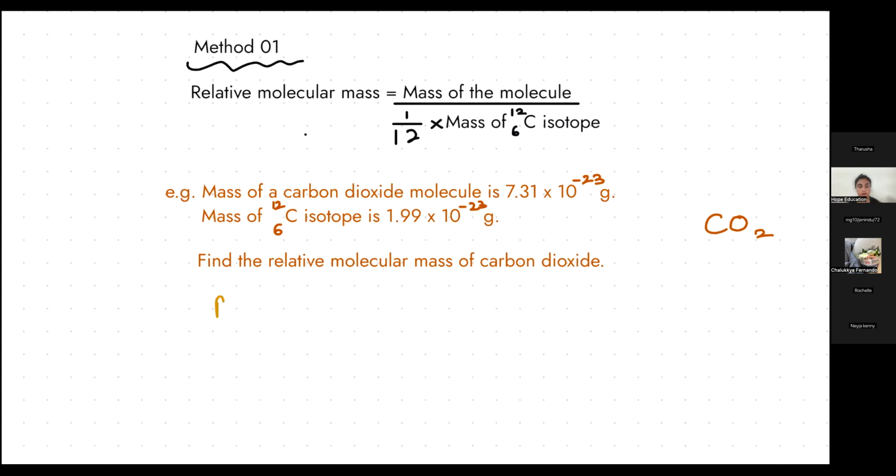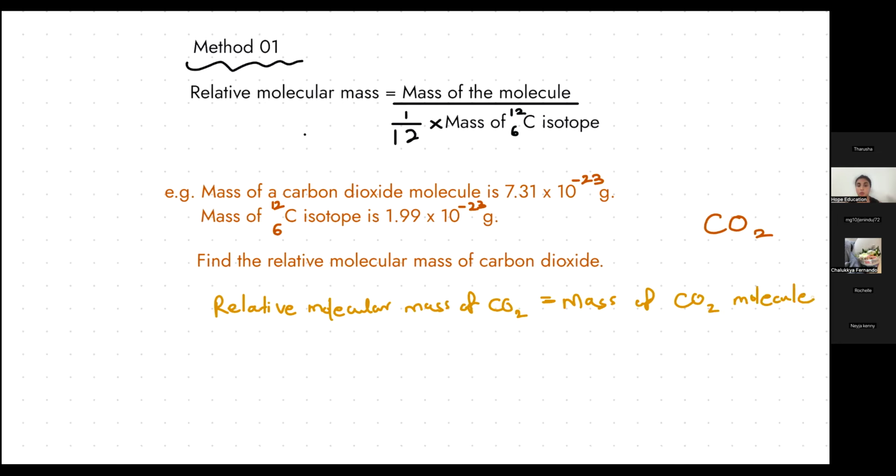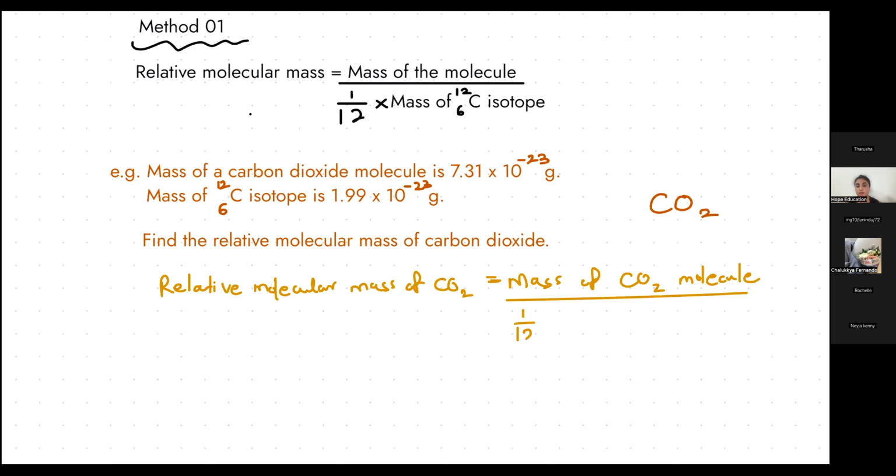Relative molecular mass of carbon dioxide is the mass of a carbon dioxide molecule divided by 1/12 of the mass of a carbon-12 isotope.